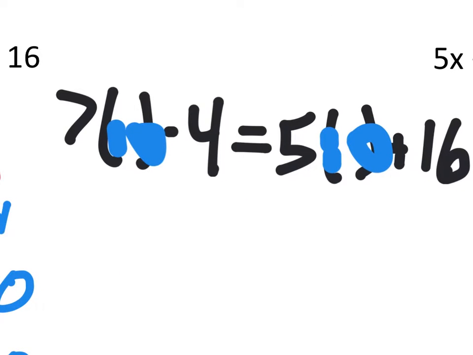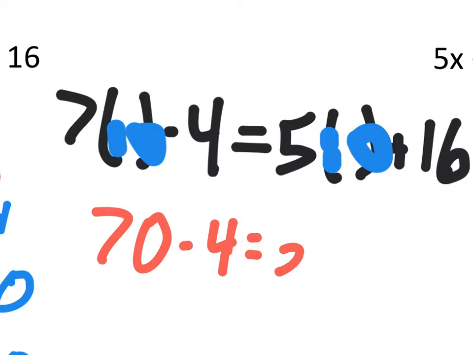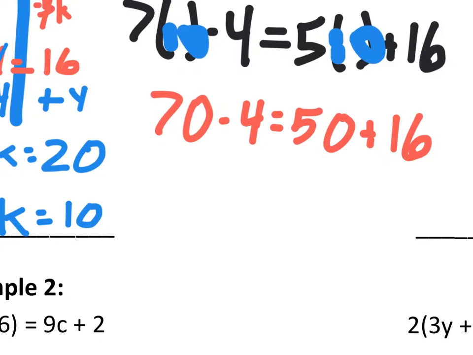And check what we get. Here I'll get a 70 minus the 4 is equal to a 50 plus a 16. On this side we get a 66, and on this side we get a 66. So there's our proof.